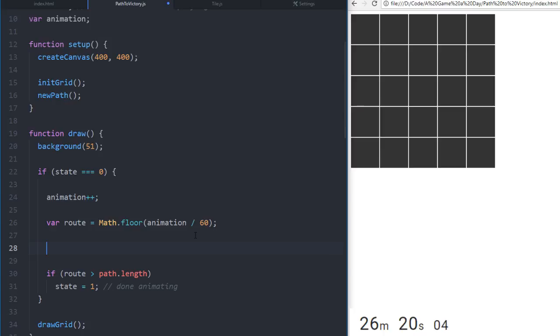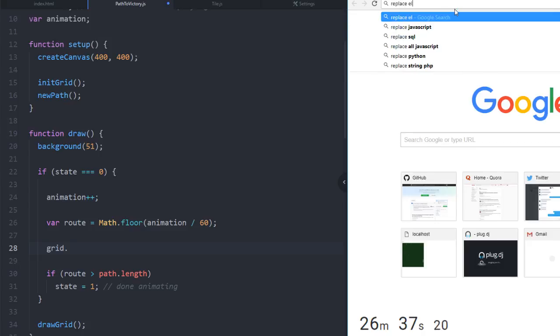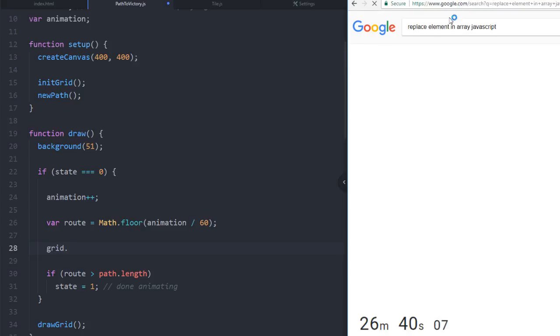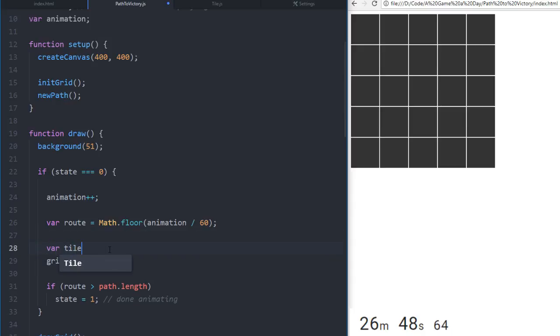Now what we'll say is we want a grid dot here. Replace element in array. Okay, well that was obvious. Grid, and we need to get the path's route. Var tile equals route. Not route. What am I talking about? Path of route. There we go.